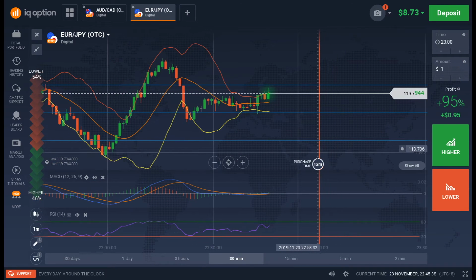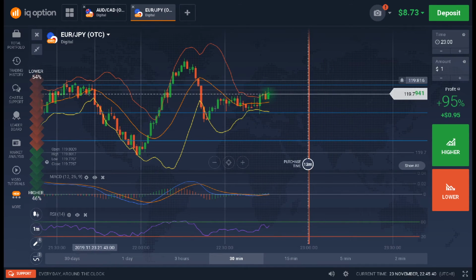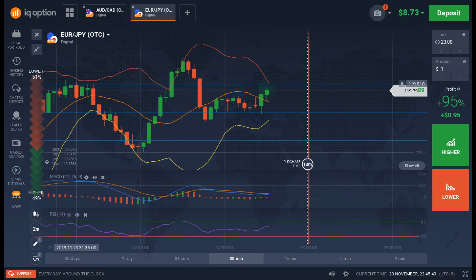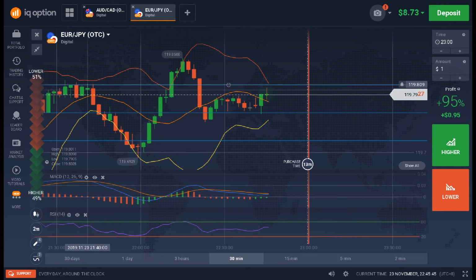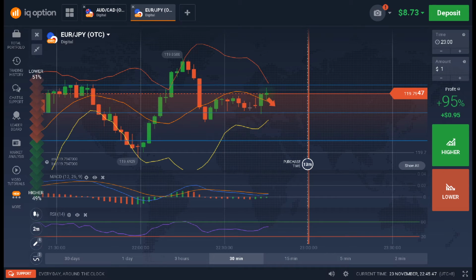Okay, let's test this again. Okay, the reason why we plotted it there is because of this possible resistance. I'll wait for it to reach that level first before I enter.